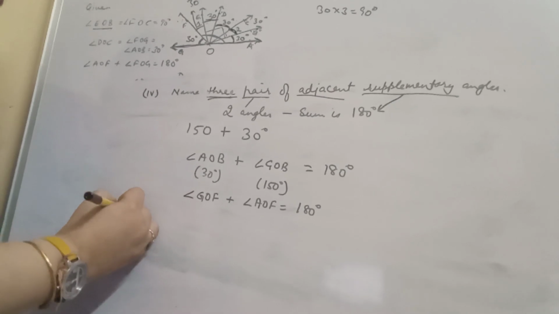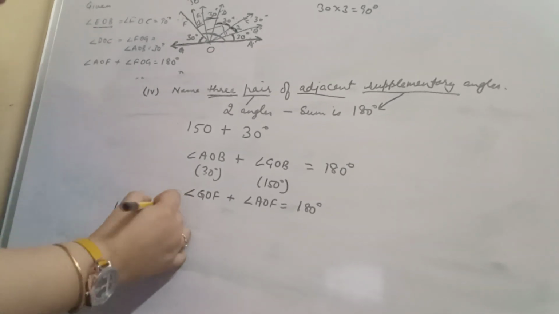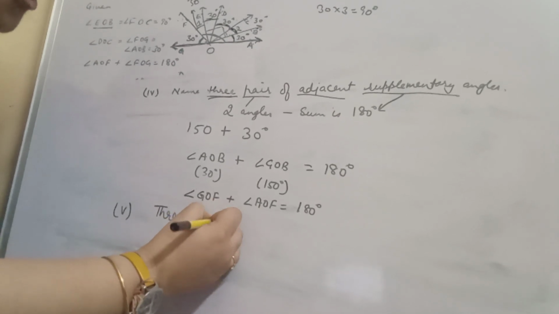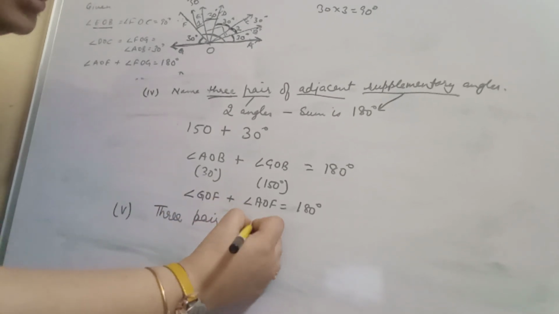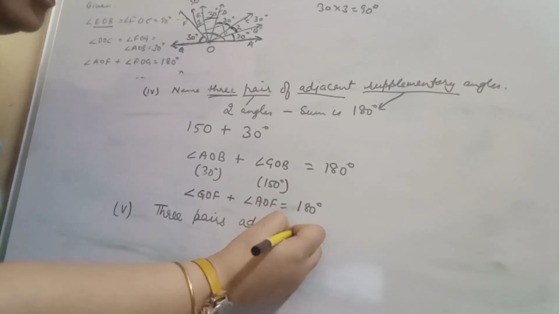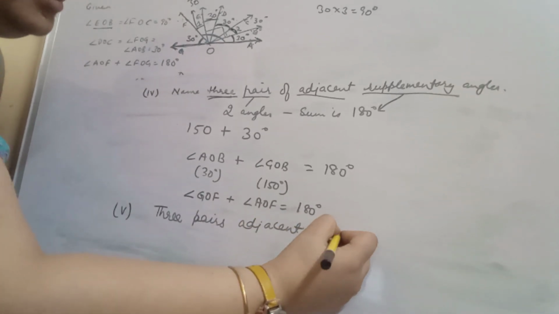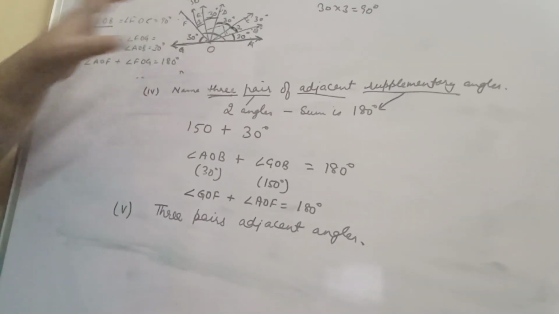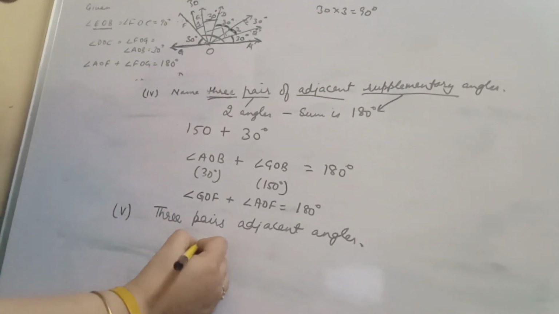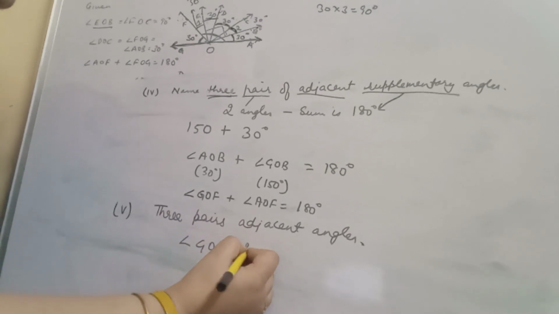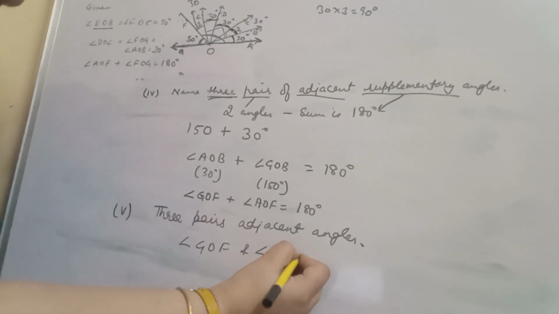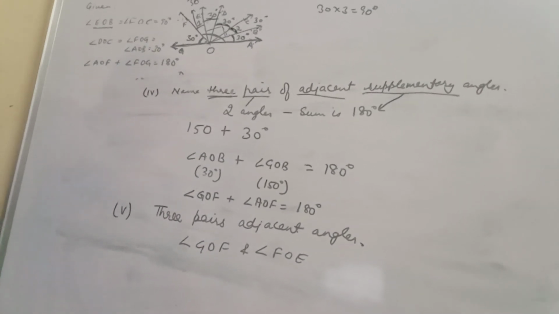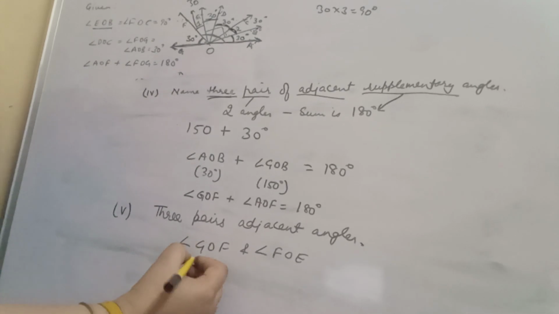Then next is 3 pairs of adjacent angles. Because you know that adjacent angles are the angles with a common arm and common vertex, you can name any 3 adjacent pairs here. Let us say angle GOF and angle FOE. This is an adjacent angle pair.